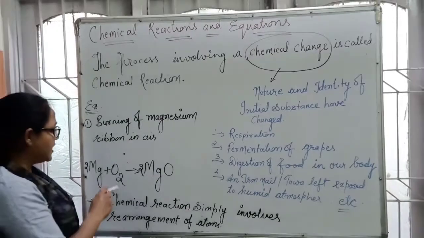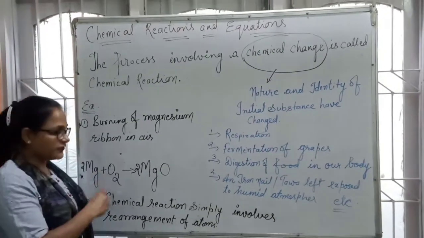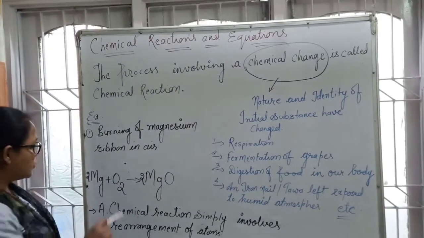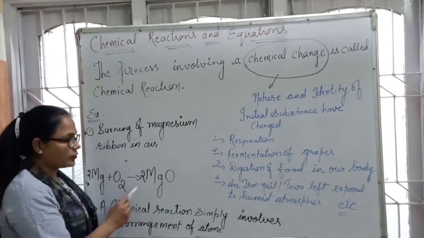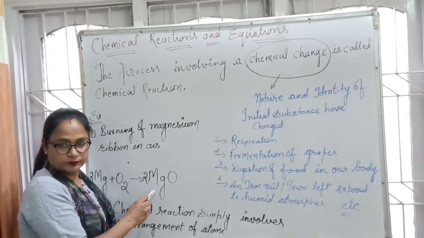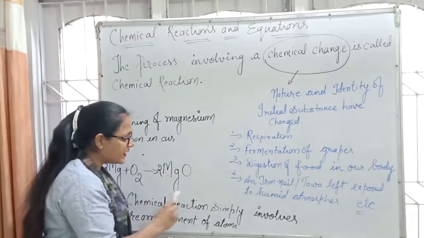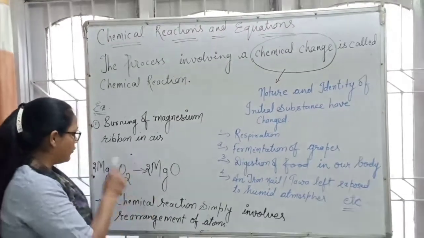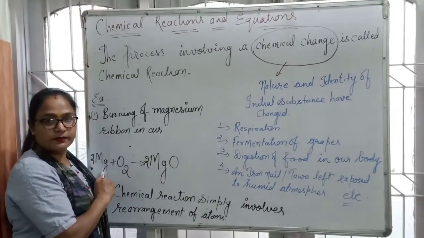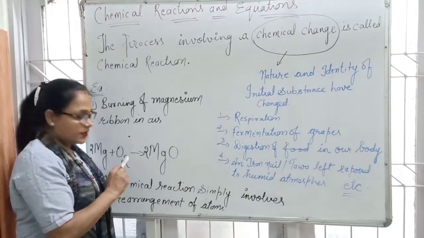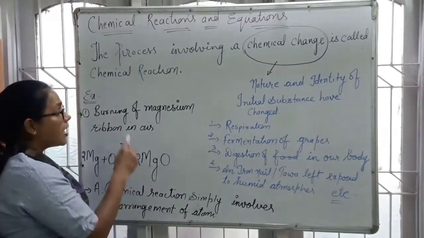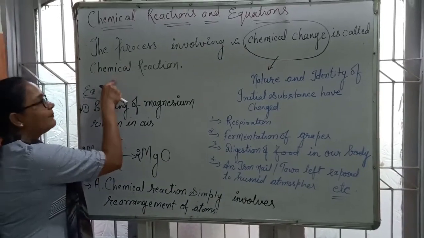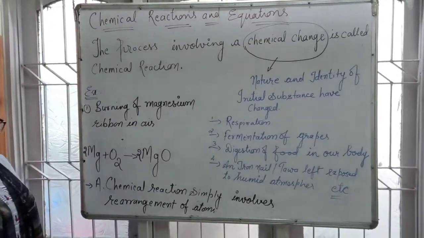It will react with atmospheric oxygen and form magnesium oxide. So Mg plus O2 gives MgO. It is absolutely a new compound. It does not follow the properties of magnesium or oxygen. That's why this is a chemical change and is taken as an example of a chemical reaction.